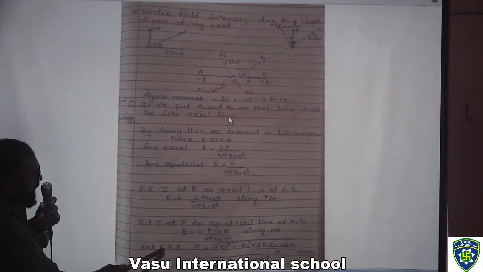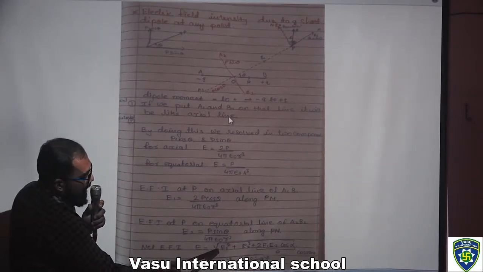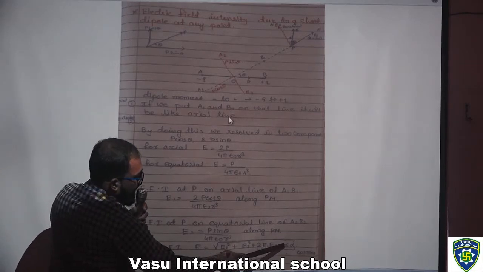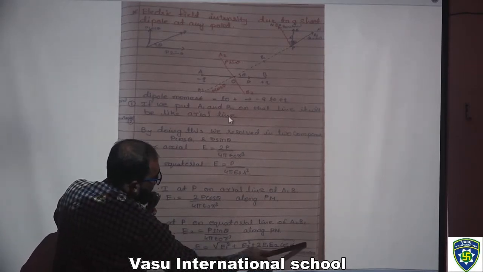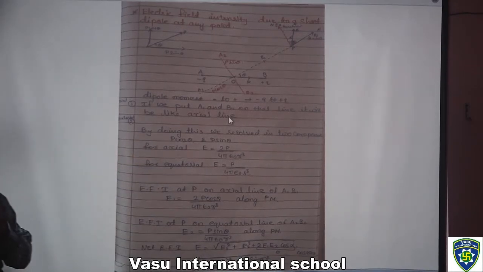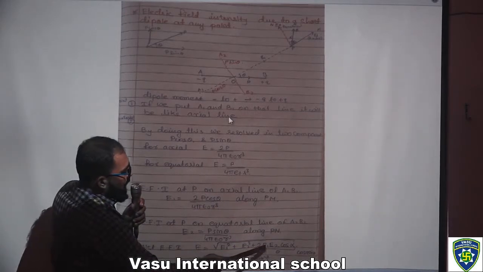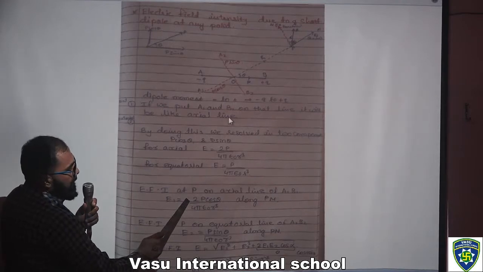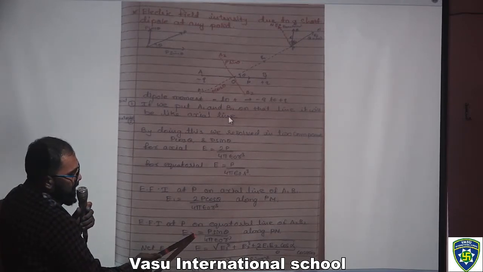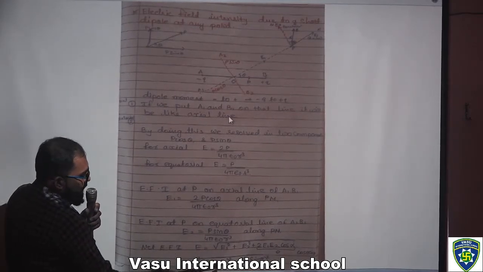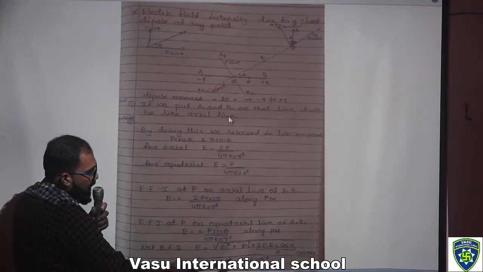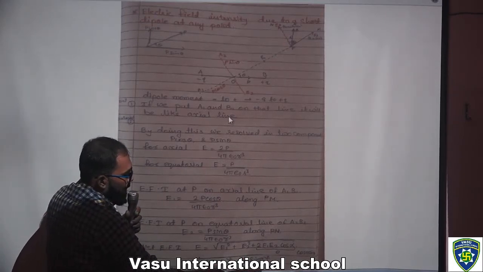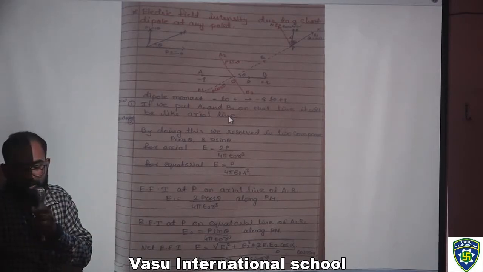The net electric field intensity is equal to square root of E1 square plus E2 square plus 2E1 E2 cos alpha. Now the angle is 90, so cos 90 is equal to 0. So the term 2E1 E2 cos alpha is equal to 0. Now we have E1 and E2: 2p cos theta upon 4 pi epsilon 0 r cube, whole square, plus p sin theta upon 4 pi epsilon 0 r cube, the whole square.